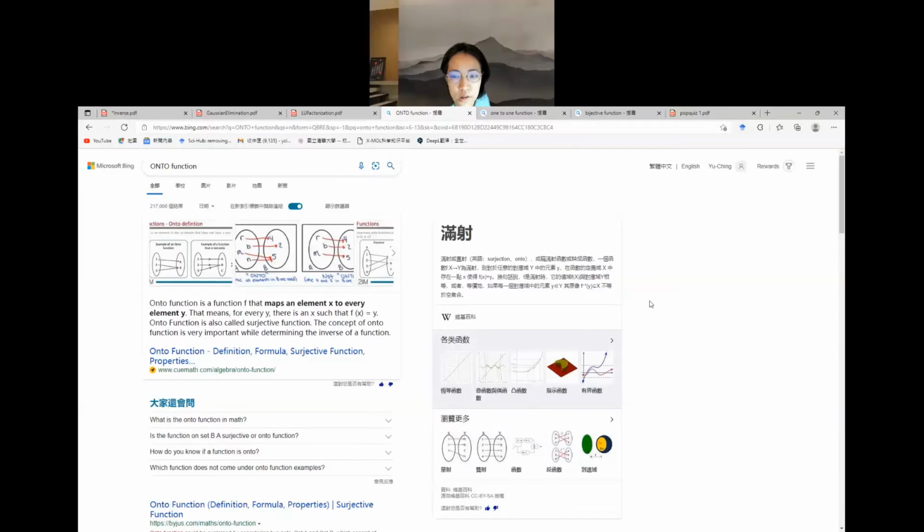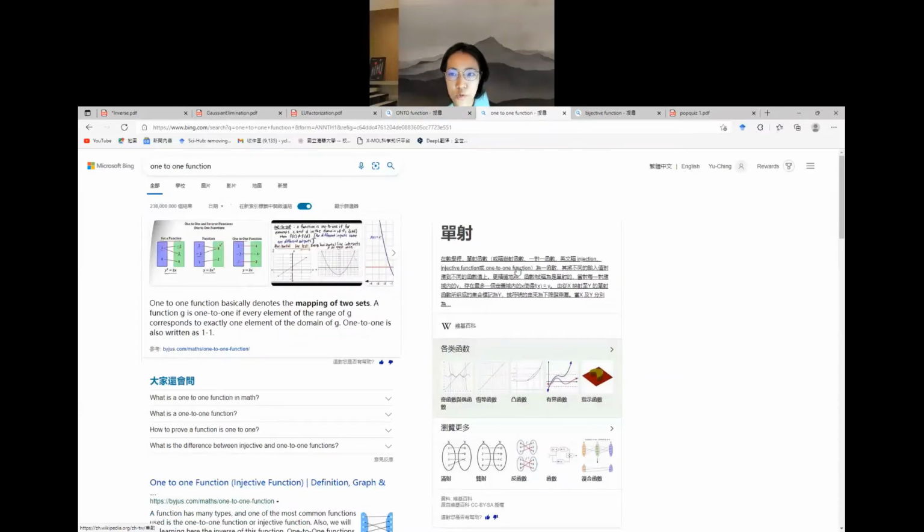So we have a function f from capital X to capital Y, and for every element, little y, in the range capital Y, there exists some x in the capital X such that f of x equals y. This is called surjective or onto. These two terms are exactly the same, surjective and onto. And this is injective and one-to-one.